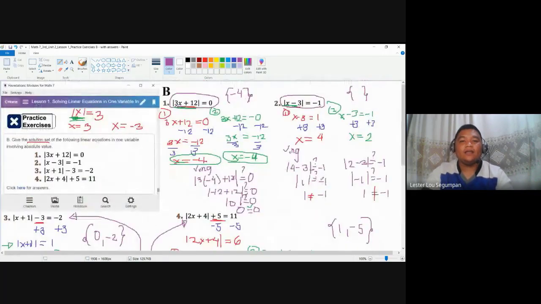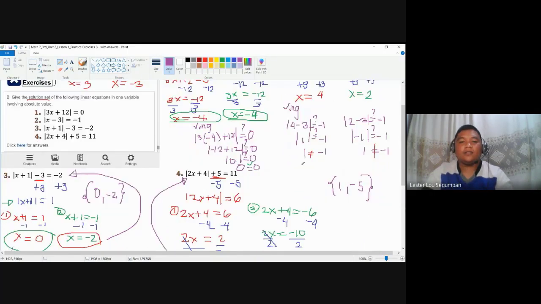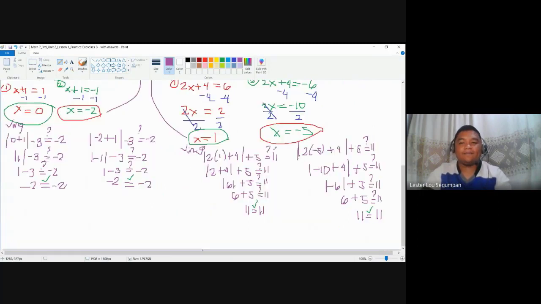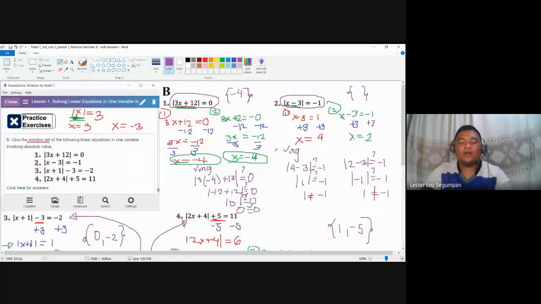So again, there might be chances wherein you might only get one solution, or there might be none, or same as number 3 and 4, there might be two solutions. But in number 3 and number 4, do not apply the cases first or directly. You need to manipulate or derive in such a way, in a form wherein you could already apply the cases. So this is what completes unit number 2.